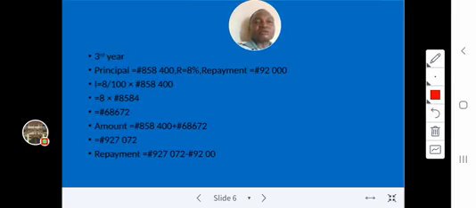So the amount, as usual, becomes the principal plus the interest. So you have 858,400 naira plus 68,672 naira, amounting to 927,072 naira. So the repayment, as usual, is to subtract the 92,000 naira from that amount.